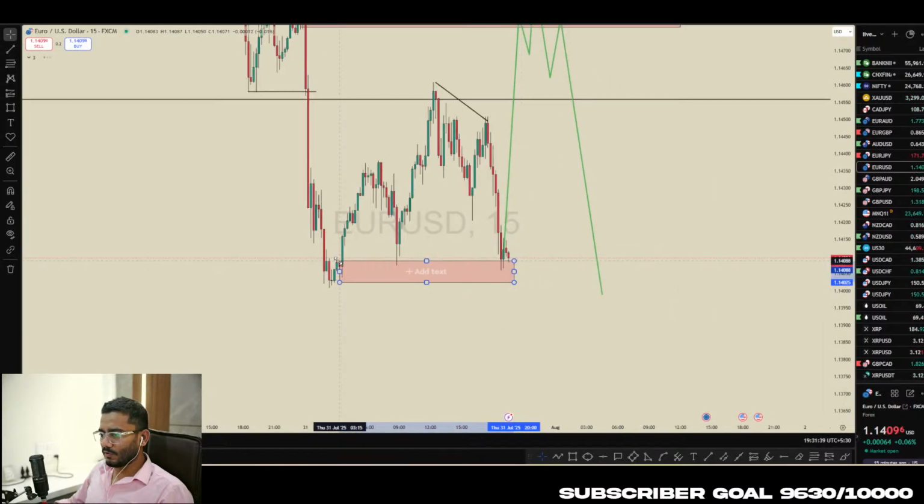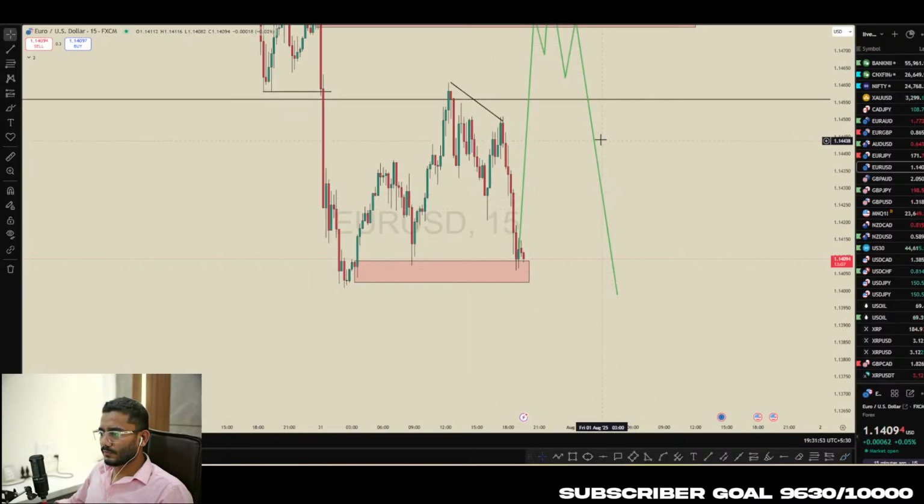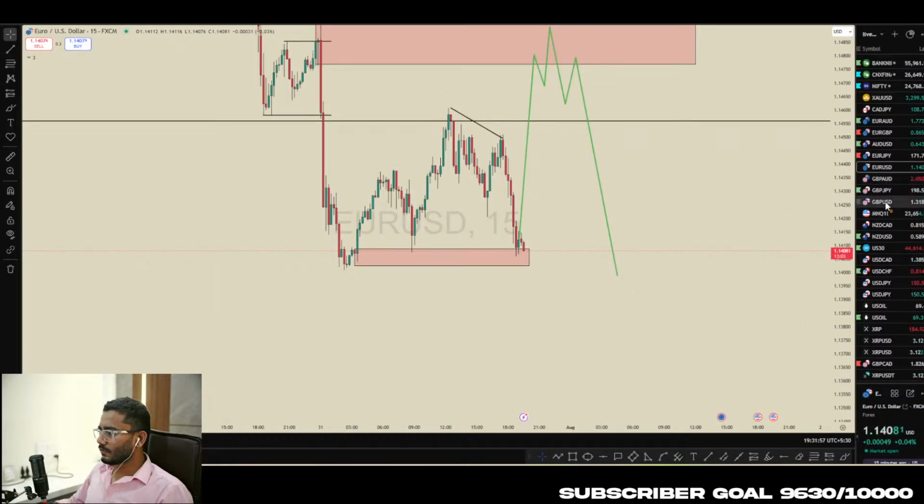It has already been mitigated, but it can sweep this liquidity, and if this breaks, then we can look for an internal structure, like upside trades to this POI. Same thing on AUD USD.